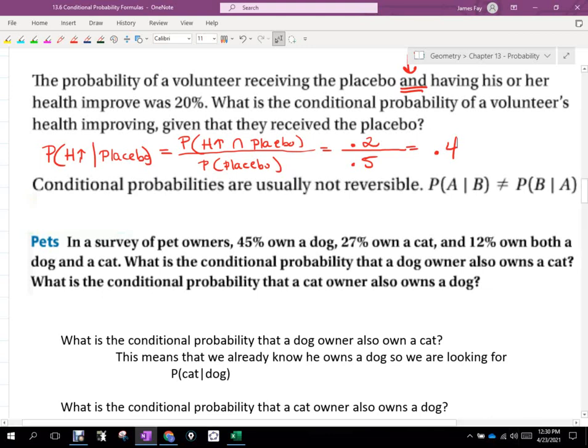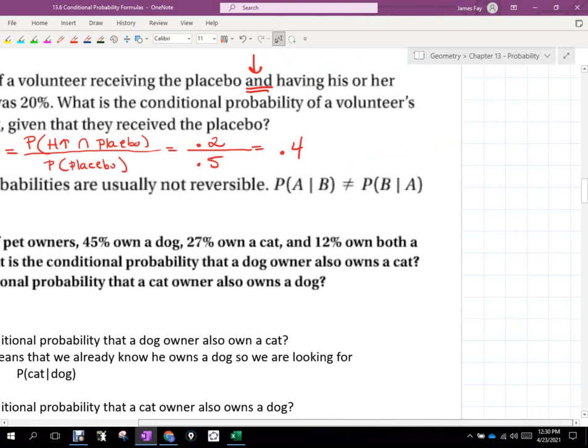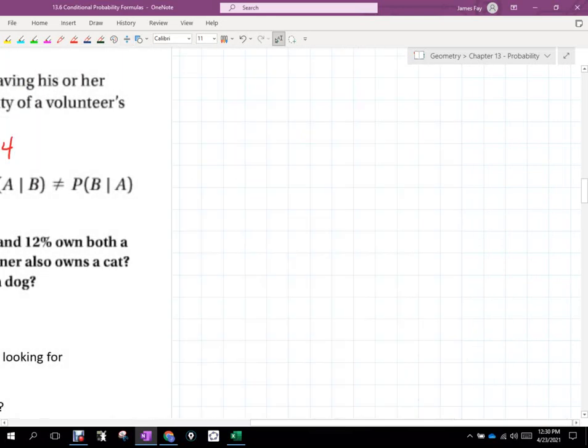One of the questions that they ask occasionally on standardized tests is something like this. I'll write it all down.